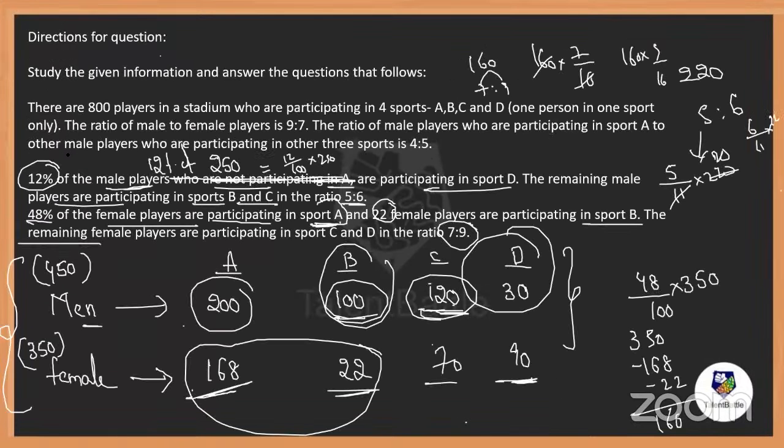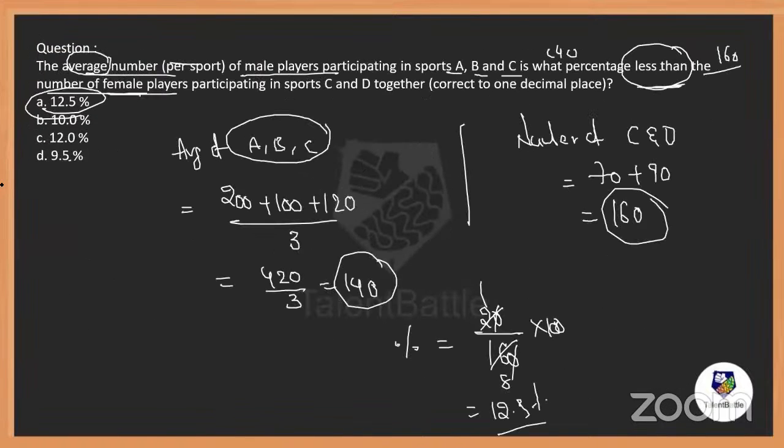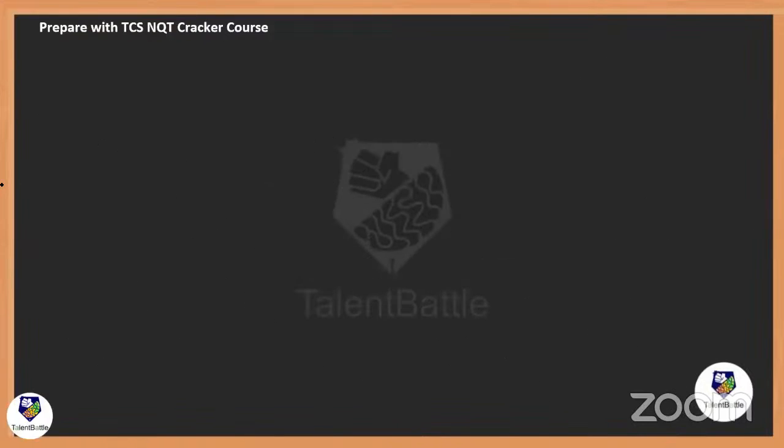Understood the entire question? How do we approach this kind of model? Are we clear? Yes. So these are a few of the questions that appeared in advanced numerical ability before.